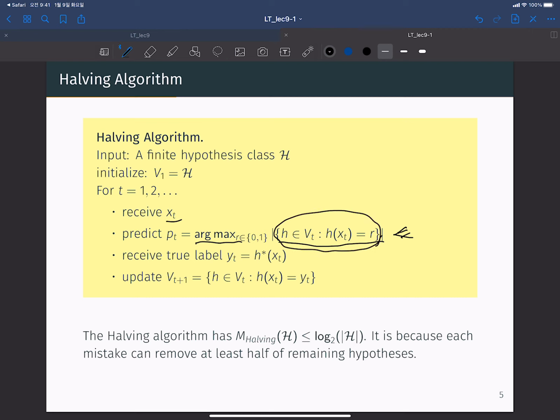We can erase all the hypotheses having the same output prediction. And since we follow the majority vote, we can erase at least half of the possible hypotheses. So that's why the name of this algorithm is the halving algorithm. We can basically erase at least half of the hypotheses whenever we make a mistake using this halving algorithm.